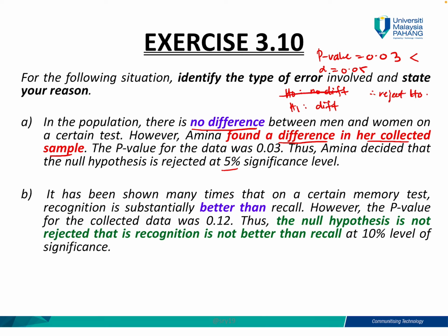Whereas this H null is true. So Amina has made a type 1 error, because H null is true but Amina rejected the H null.